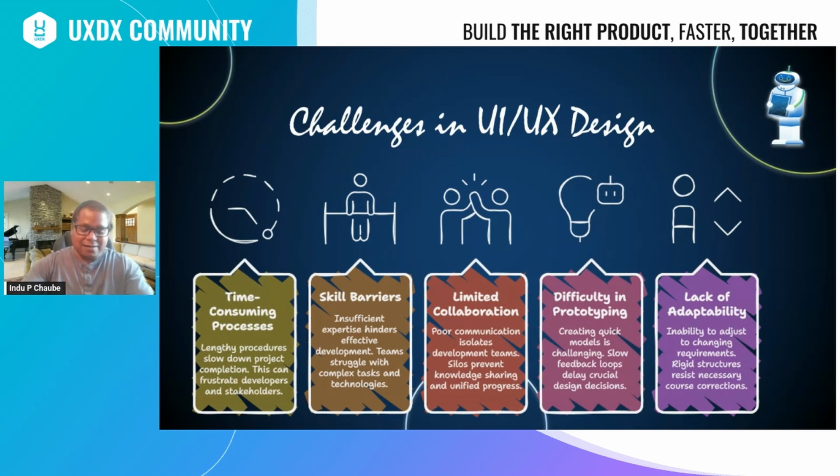And we see difficulties in creating prototypes also. If AI and low code get connected, we can probably prototype a particular thought process in reality in very little time. So that is also getting solved through this solution. And there is a lack of adaptability, because we cannot personalize and set user preferences in real time.